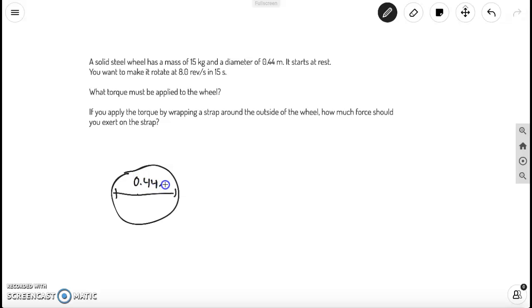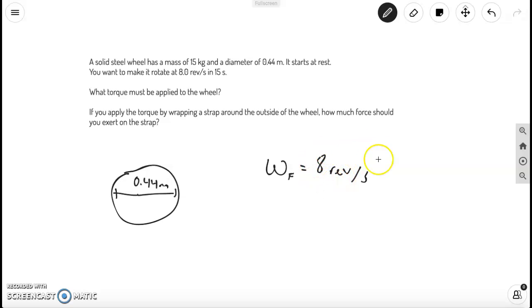Okay? We want to get the angular velocity up to 8 revolutions per second in 15 seconds. So our final angular velocity is going to be 8 revolutions per second.